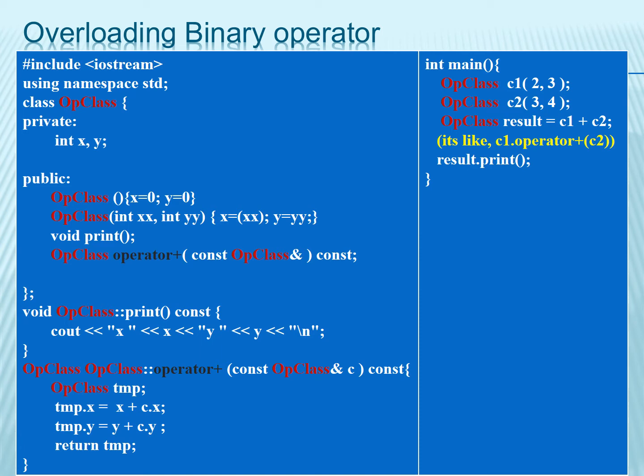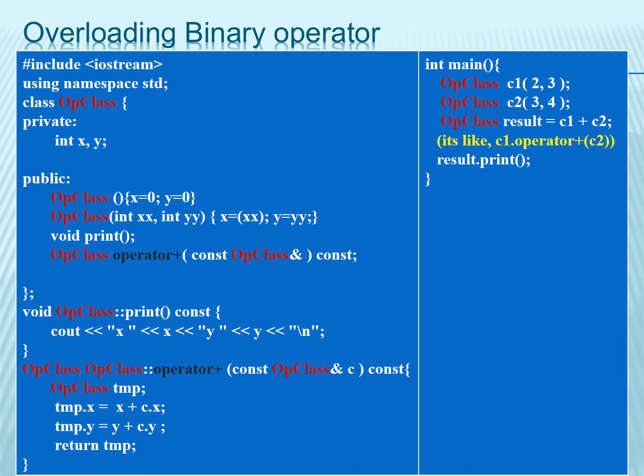The C1 object has the variable x initialized as 2 and y initialized as 3. The C2 object has the variable x initialized as 3 and y initialized as 4. The purpose of the overloaded function is to add the value of x of the C1 object with that of the C2 object, and the value of y of the C1 object with the value of y of the C2 object.